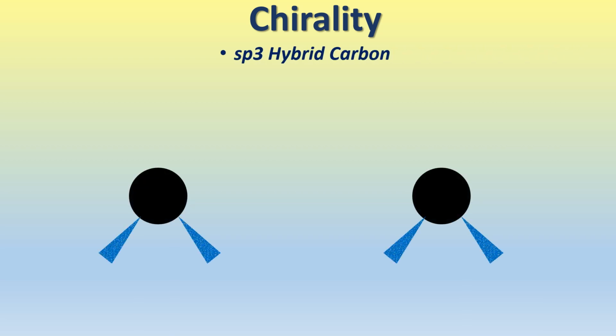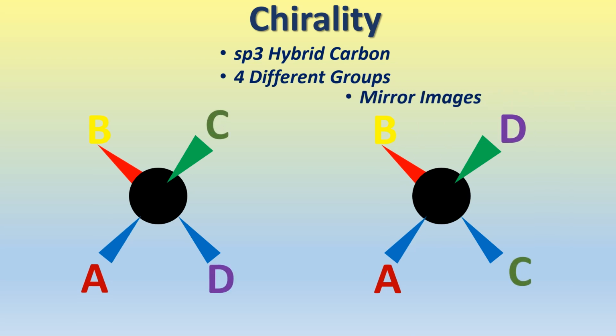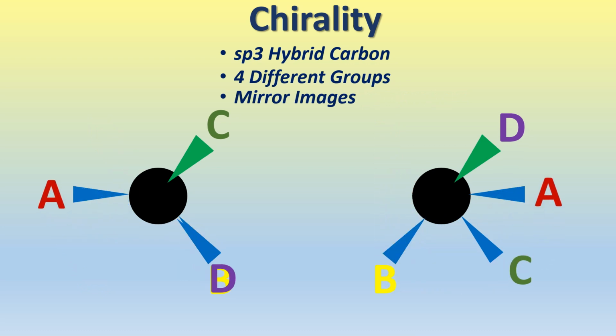This ability arises from the fact that stereoisomers have a chiral center. Again, as you've seen previously, chirality requires an sp3 hybrid carbon, meaning a carbon with 4 individual single bonds. That carbon has to have 4 completely different groups attached to it. For this case, we'll just call them A, B, C, and D. And they have to be mirror images of each other.